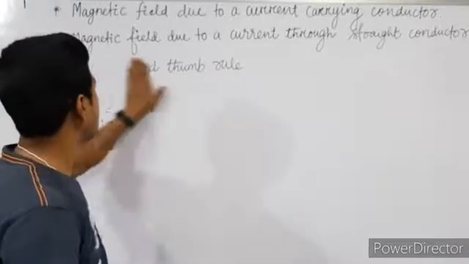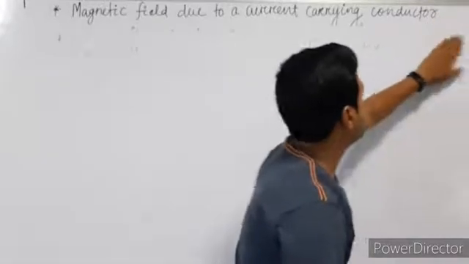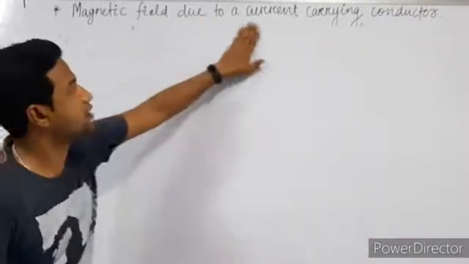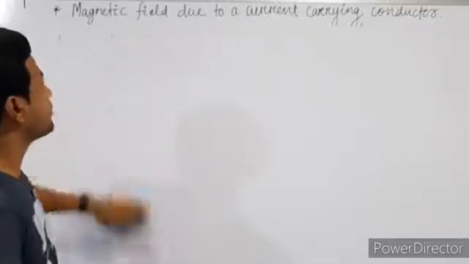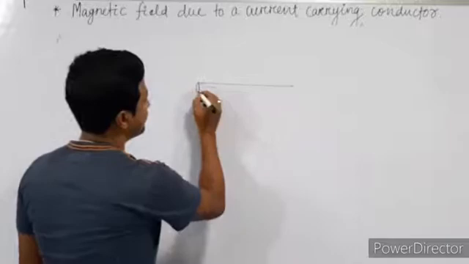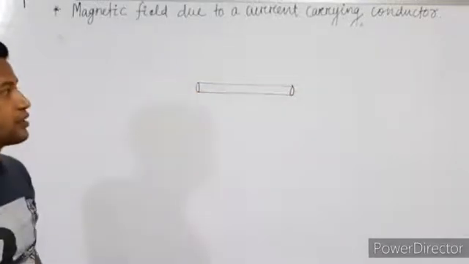The first one is the magnetic field due to the current carrying conductor. Suppose I have a conductor through which current is flowing.